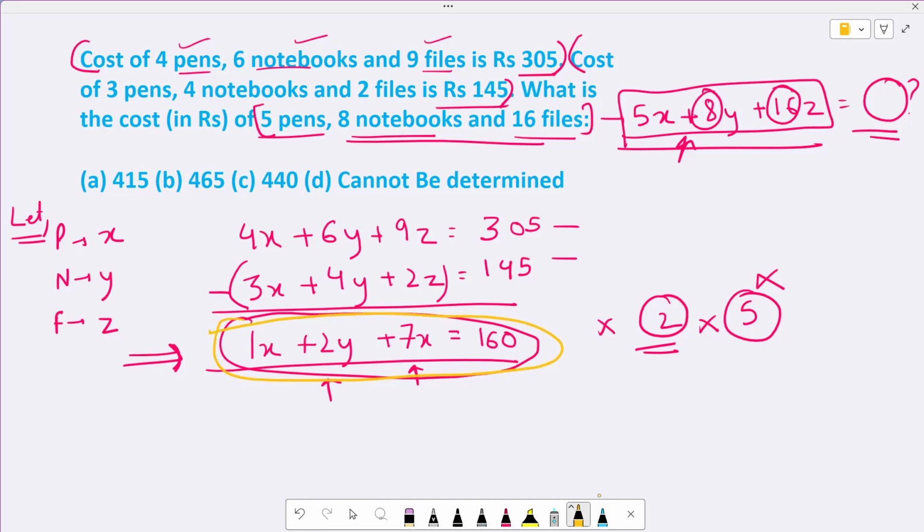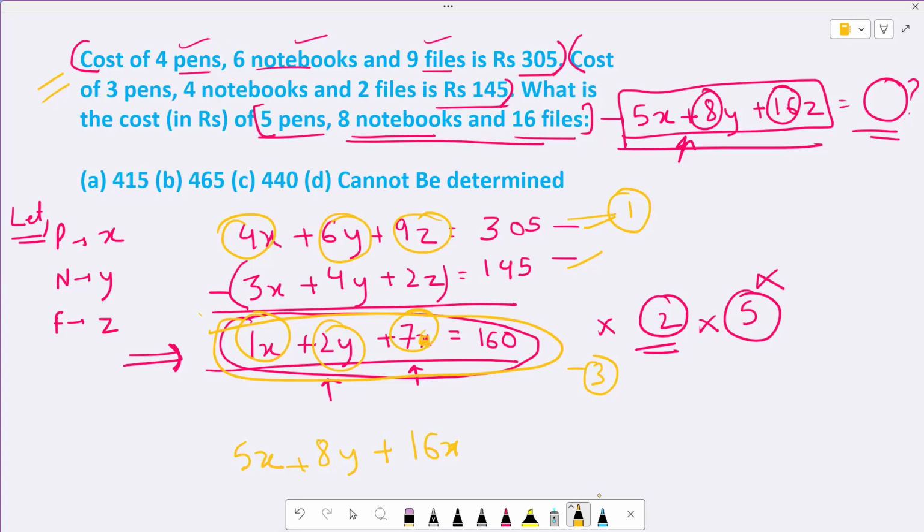All I'm trying to explain here is that this is also a method which can be used in such questions. So when we add this third equation with the first equation, I get 5x, that is 4x plus 1x, plus 6y plus 2y, that is 8y, plus 9z plus 7z, which again gives us 16z.